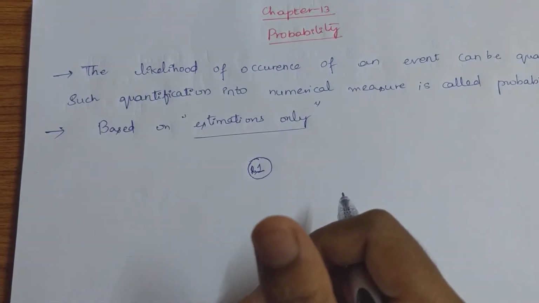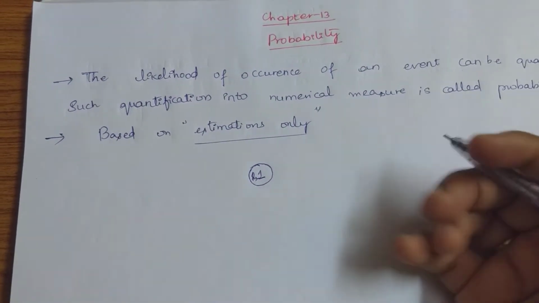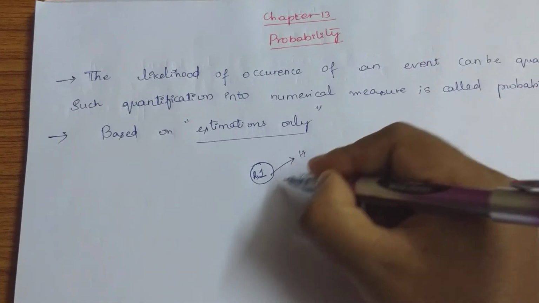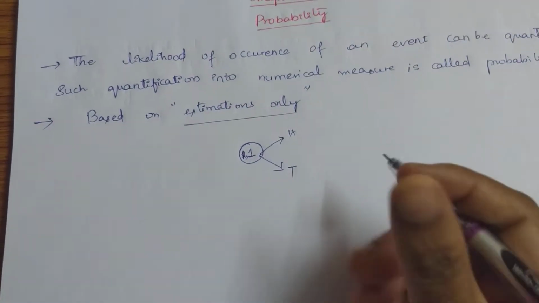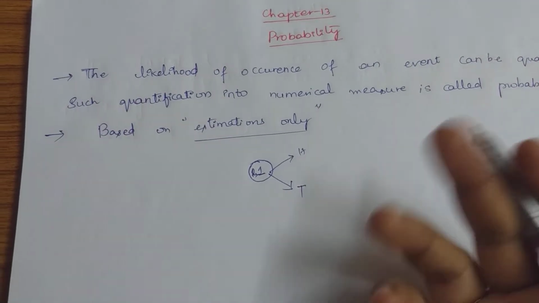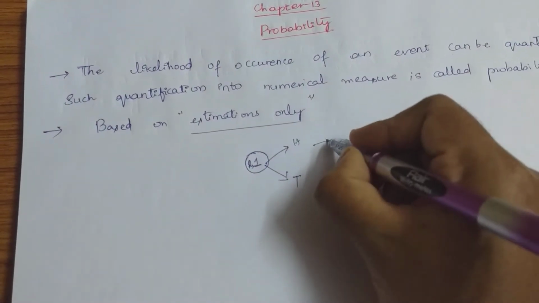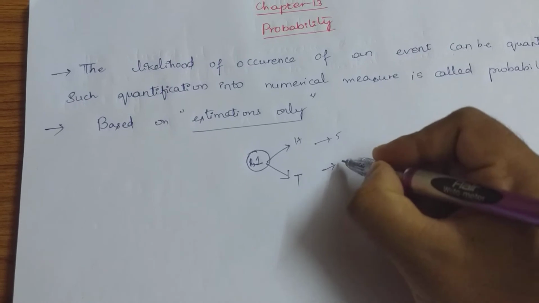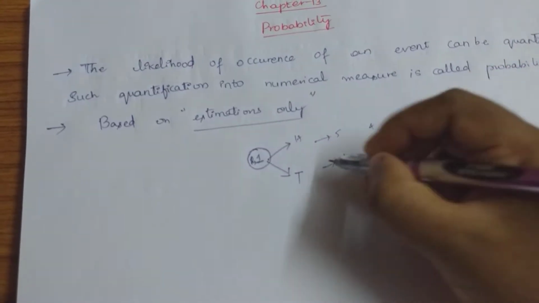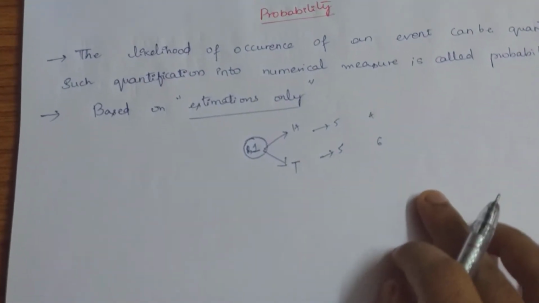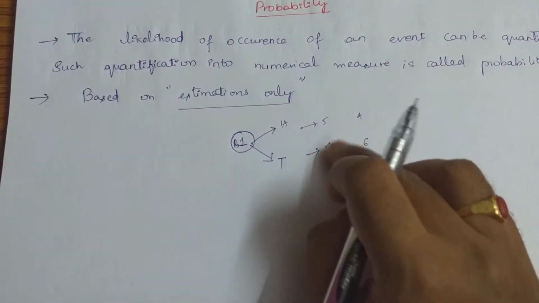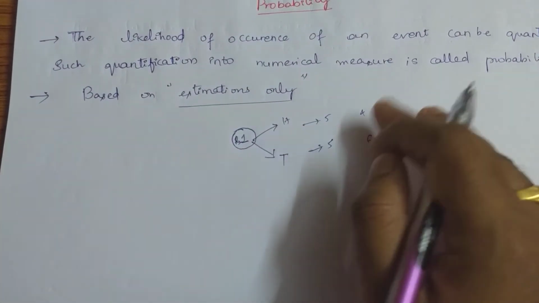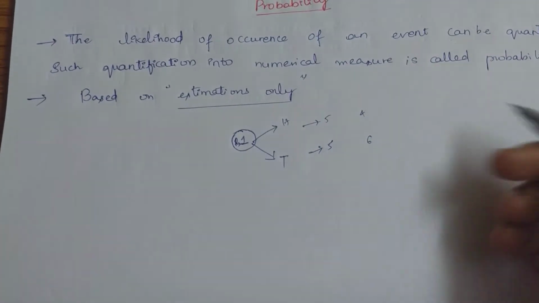When you toss a coin, there is a probability of getting a head and there is also a probability of getting tail. So when you toss the coin 10 times, you may get head 5 times and 5 times tails, or else 4 times head and 6 times tails. Whatever outcome you get each time is different from the outcome when you perform the second time, third time, and so on.